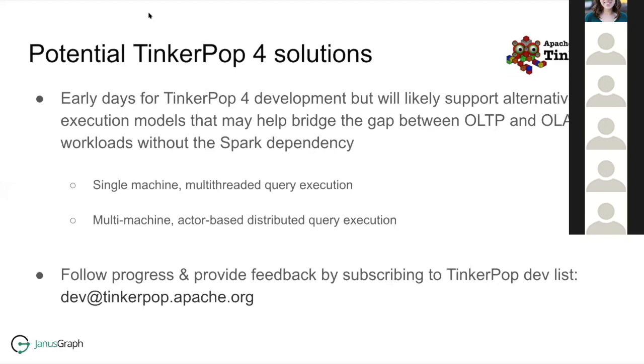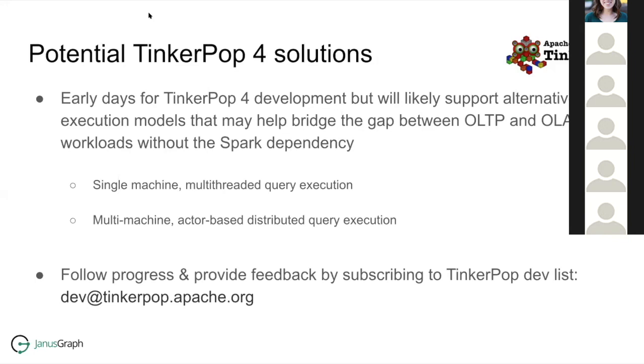But then looking forward to TinkerPop 4, I think there are going to be even more really interesting options that we'll be able to roll in when we integrate with TinkerPop 4. It's still very early days for this, but there's already a lot of work going on here. Marko Rodriguez, Stephen Mallette, Daniel Kuppitz, Josh Shinavar, and others are doing a lot of work here.